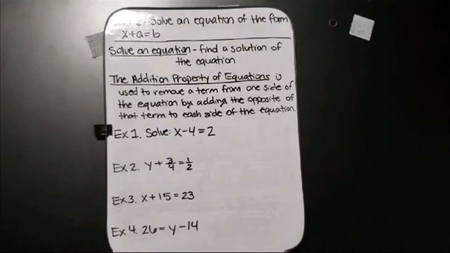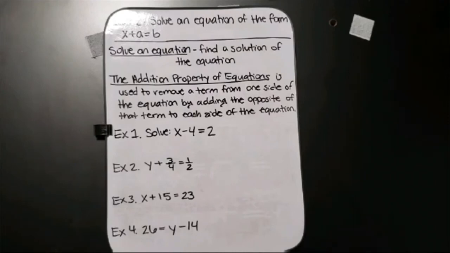And if you don't know what the term solve an equation means, basically we're just going to find the solution of it, okay? And one method that we use to find the solution of an equation is the addition property of equations, all right?